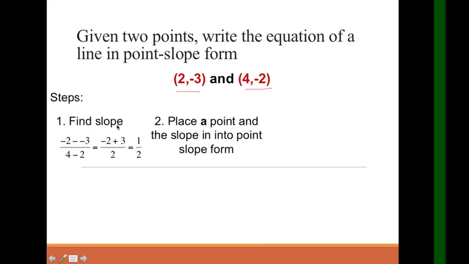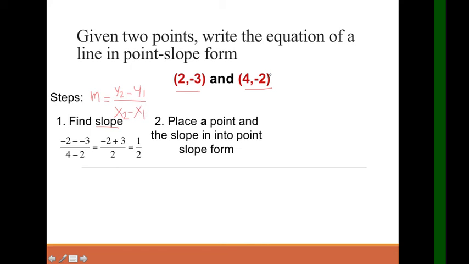First, find the slope. To find the slope, remember the formula for the slope, which is m equals y sub 2 minus y sub 1 over x sub 2 minus x sub 1.